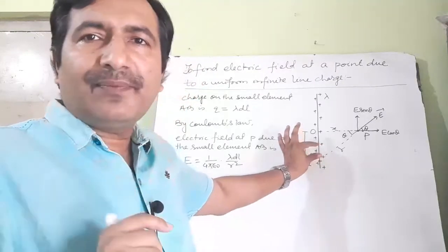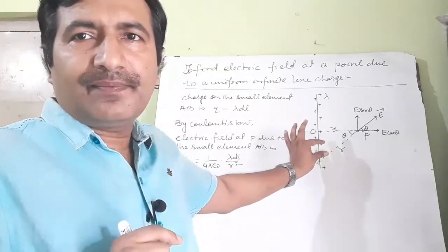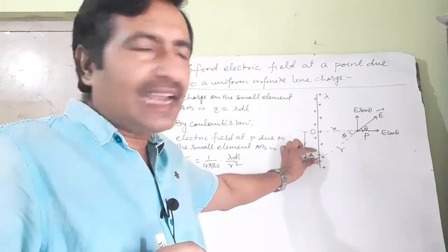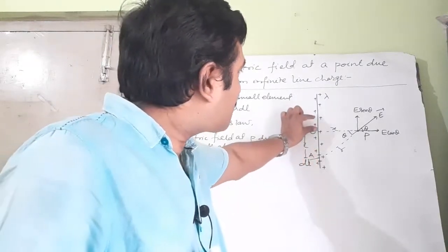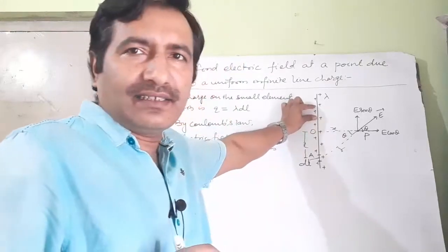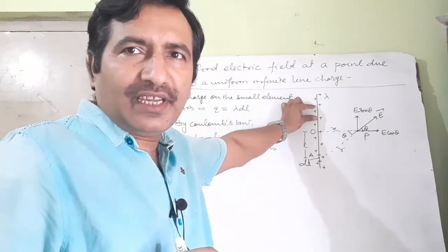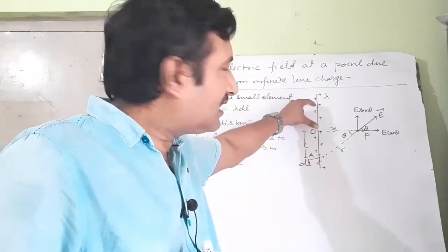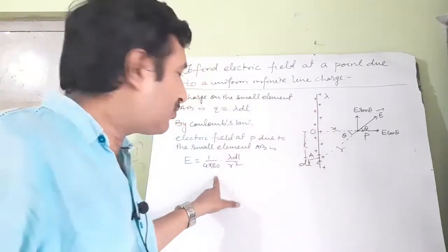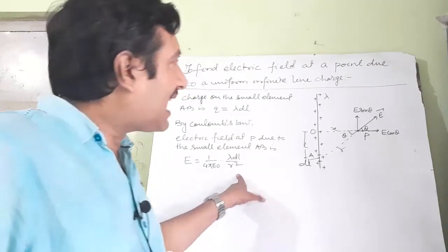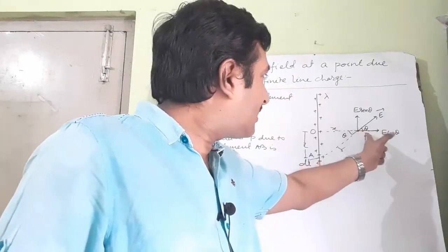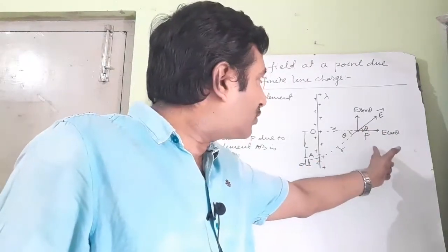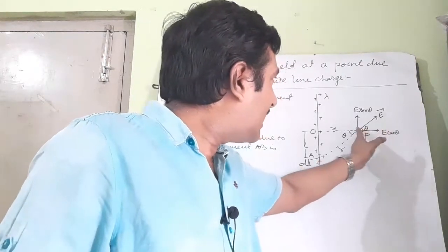Now, let us have another element of the same length dl and at the same distance from O on this side. So the magnitude of the electric field due to the element on this side will also be this one, and the direction of that electric field will be this one, you see, and this will have two components, one along this and the other along this.